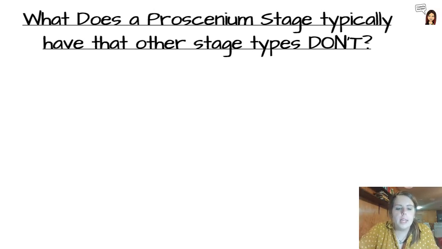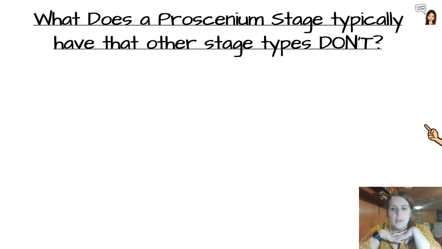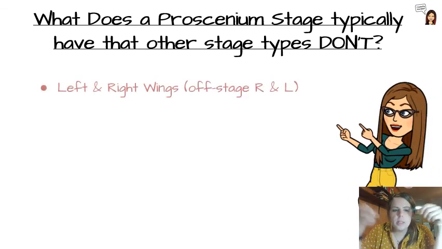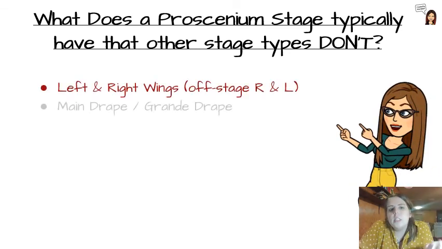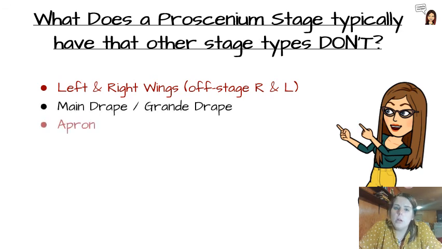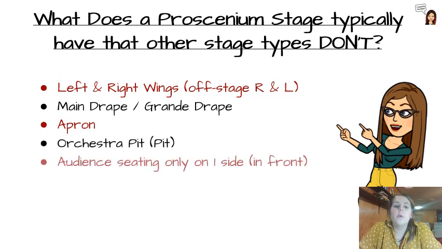Okay, so again, with this slide, you don't have to write anything down, we're not going to spend too long on it. But what does a proscenium stage have that other stages don't? Well, it has a left and a right wing. Remember, that's offstage, where the audience can't see you. It also has a main drape, what we call the grand drape.